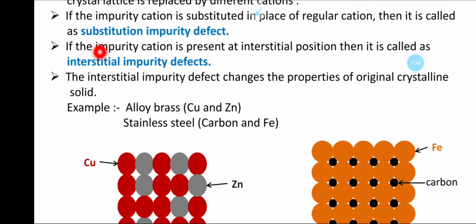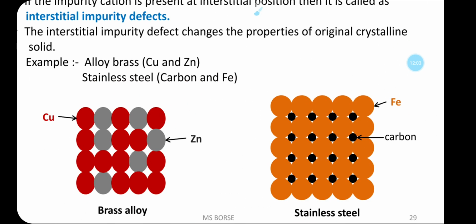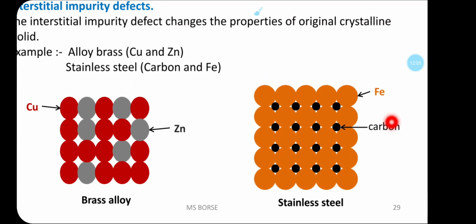The second impurity type defect: if the impurity cation is present at an interstitial position, then it is called interstitial impurity defect. The interstitial impurity defect changes the property of the original crystalline solid. A good example for this defect is stainless steel. If you dope carbon in the interstitial position of the iron, we get a new material of iron and carbon.